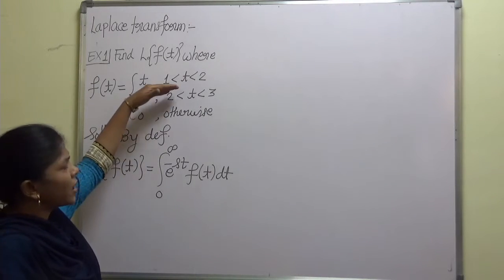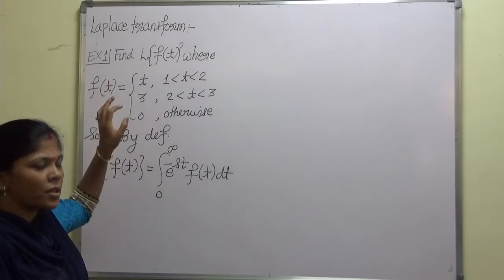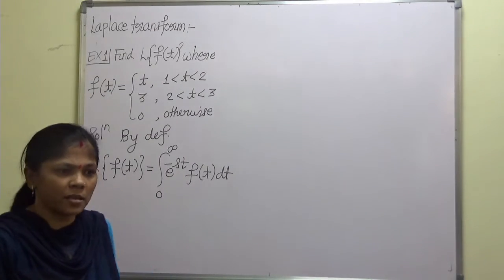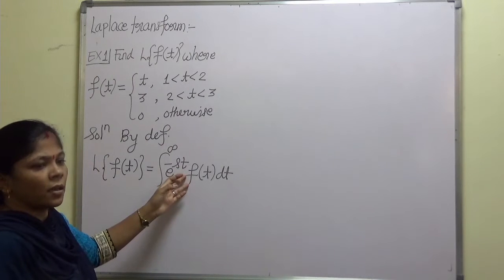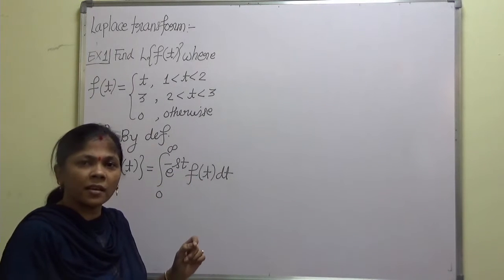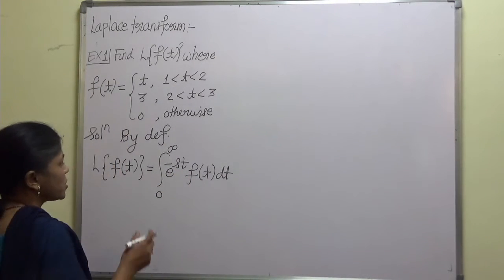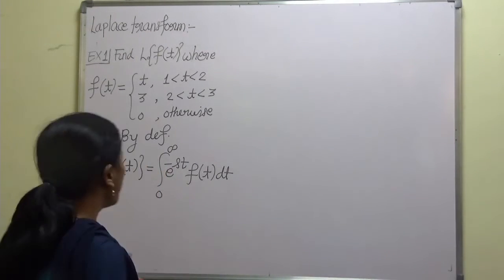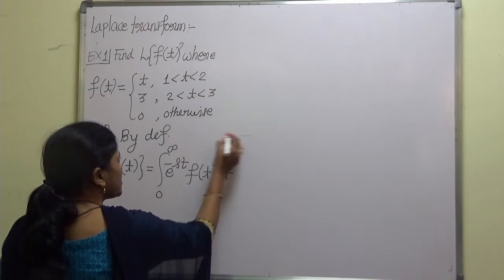But what we are seeing is that this f of t is defined in parts, piecewise continuous. So let us split this integral as per the definition. The total limit given here for this integration is from 0 to infinity.